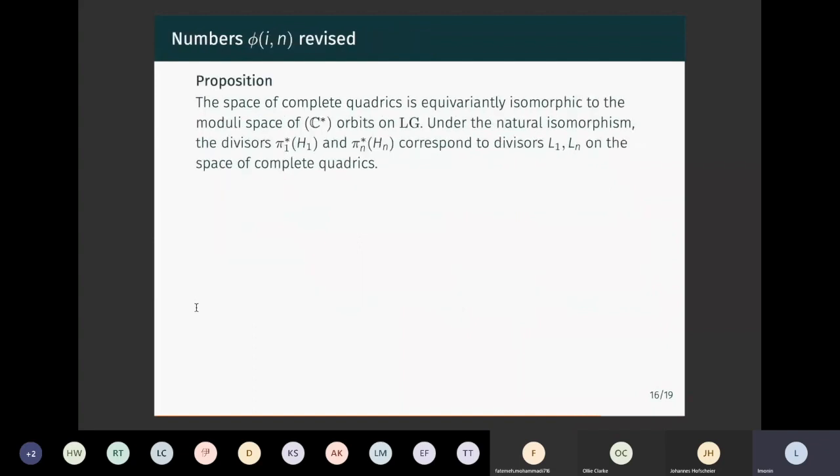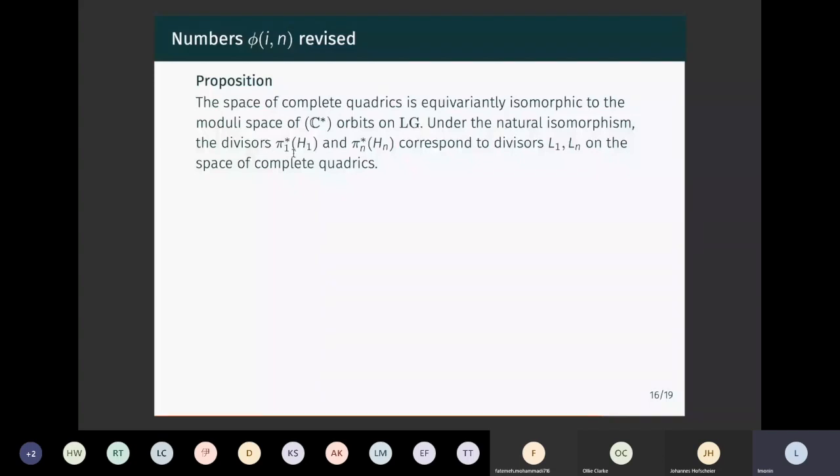So why do we talk about complete quadrics here? So now I'm ready to relate this to our original problem. It turns out that the space of complete quadrics is isomorphic to a moduli space of C-star orbits on the Lagrangian Grassmannian. So the variety which I constructed in the first part of my talk as some C-star invariant locus of the concatenation moduli space is actually the same as the space of complete quadrics.